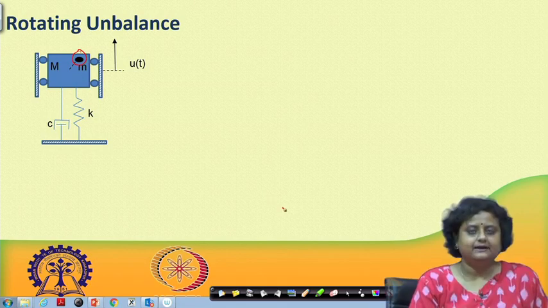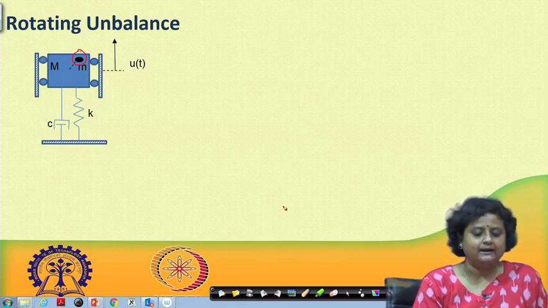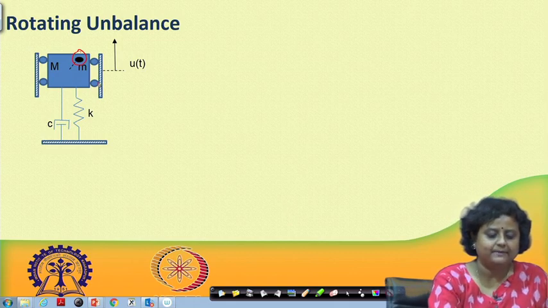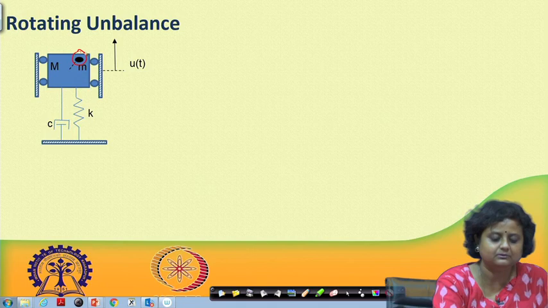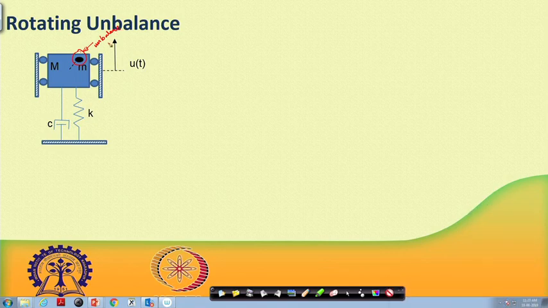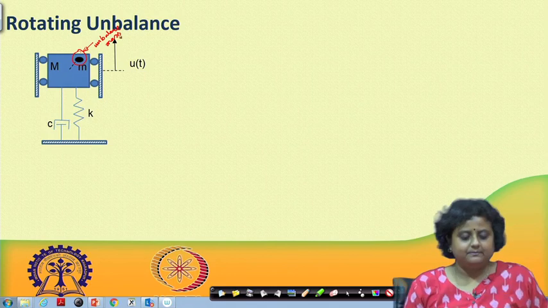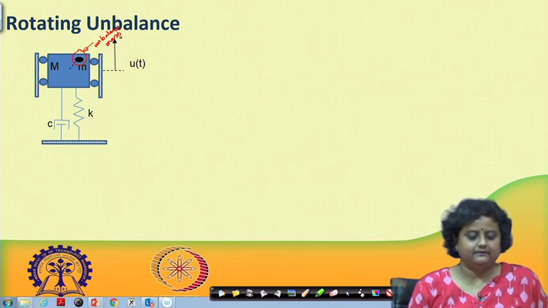This is an example where the whole big mass, capital M, is housing a rotating device, and there is an unbalanced mass, small m. This is an unbalanced mass, and it is going to produce a vibration for the system. Let me explain the system in greater detail.